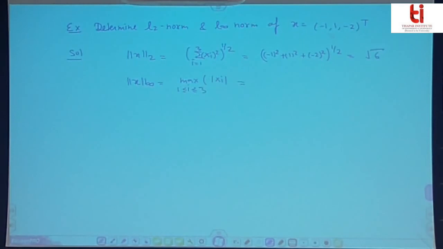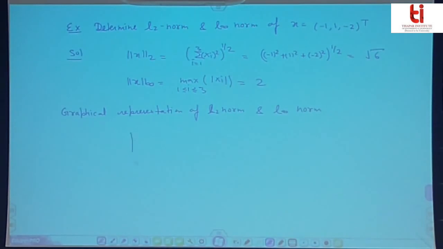So out of this, whatever the maximum value, that is the norm value. Okay. Graphical representation of L2 norm and L infinity norm.